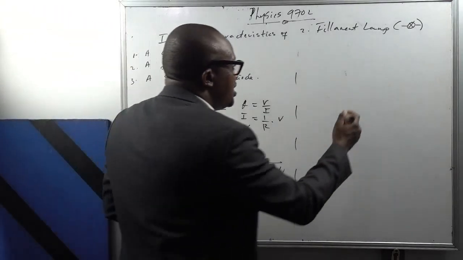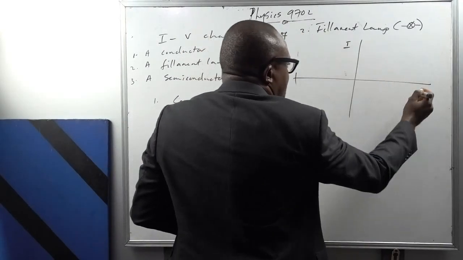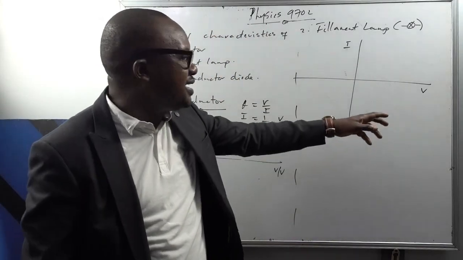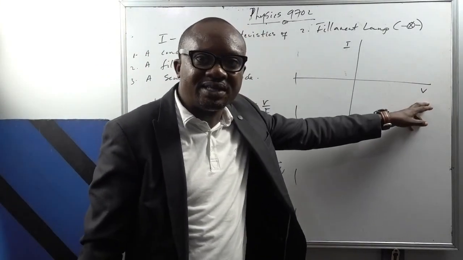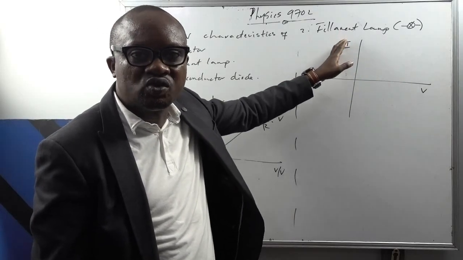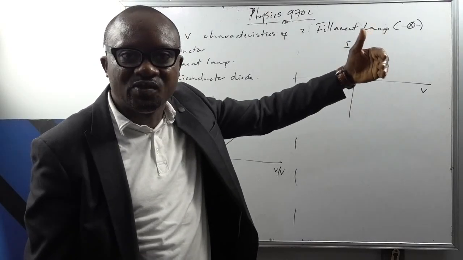So, how do I illustrate that? Graph of current against potential difference. As the potential difference applied to the filament lamp increases, the current increases. Therefore, the heating effect in the filament lamp does what? Increases. And resistance will increase.